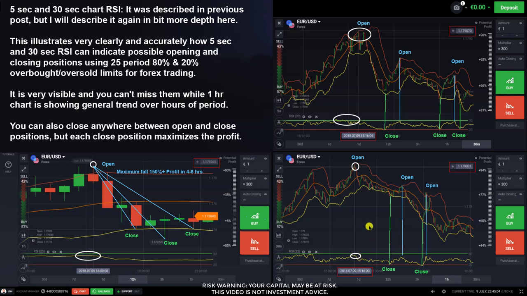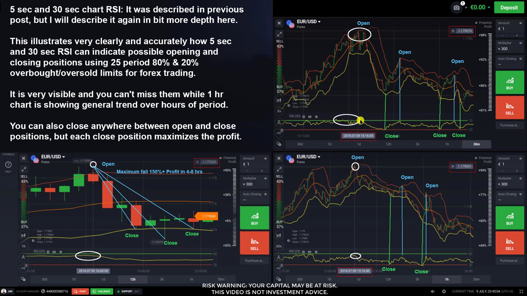But then to really nail it down, you use the 5 second chart at the top right. So there's a little region here, both on the candles and then on RSI. So it's a clear region. It is lining up with the 30 seconds and 1 hour.